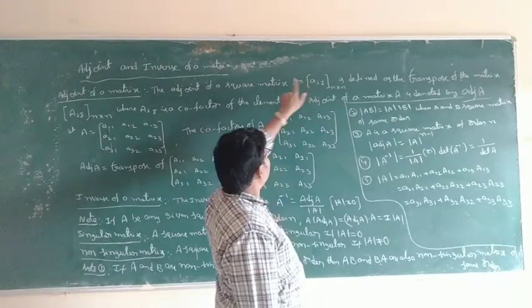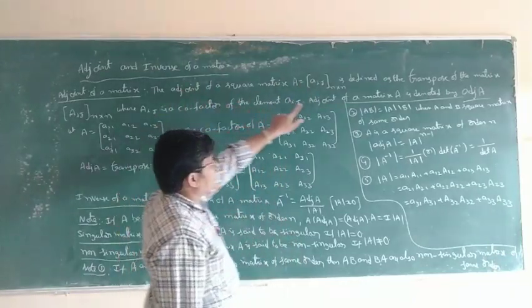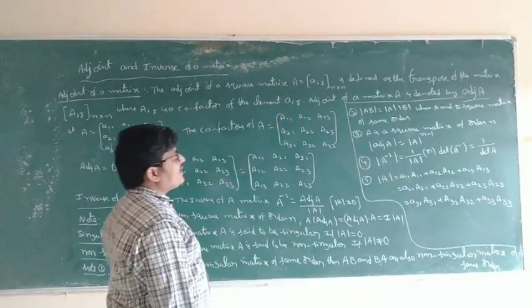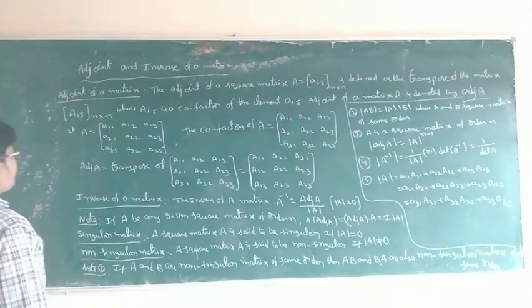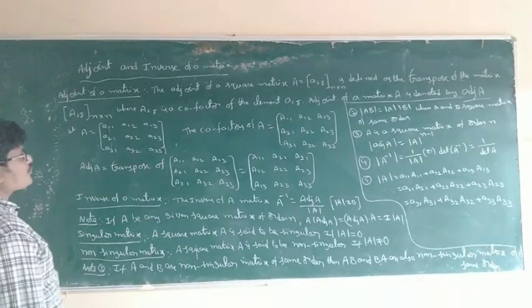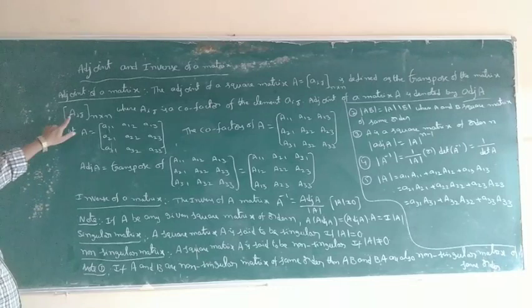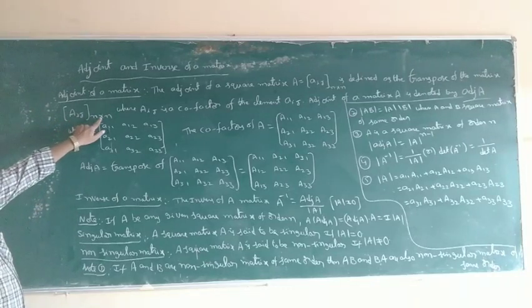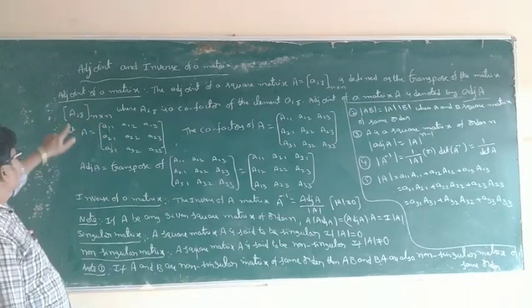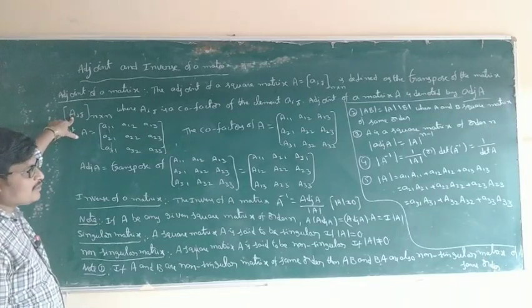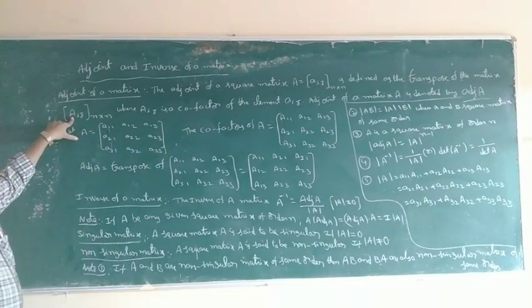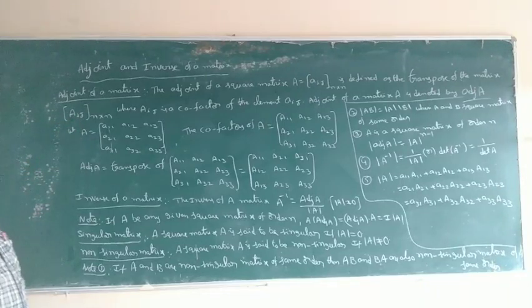The adjoint matrix is defined as the transpose of the matrix capital Aij, n by n. Capital Aij is nothing but the cofactor of element small aij.